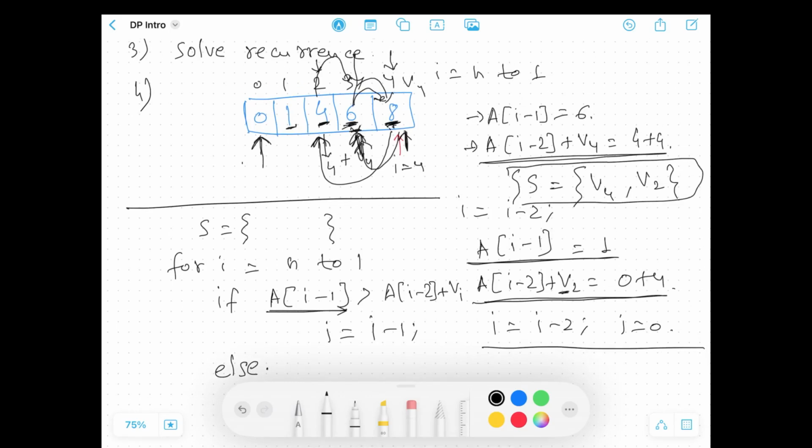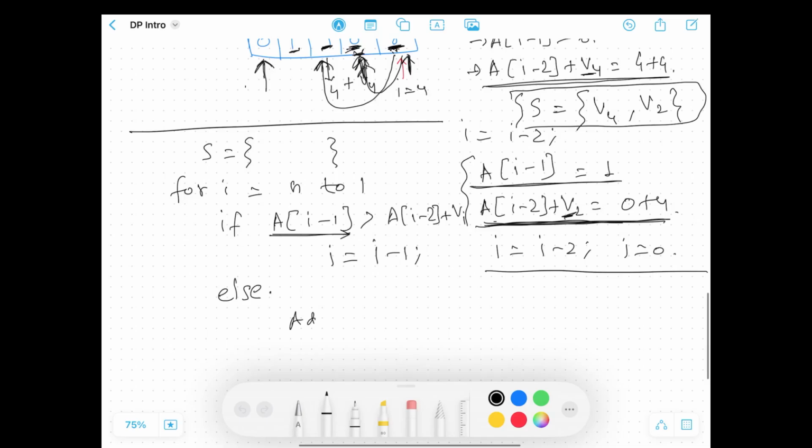Else, if the previous index is not greater, then this means this was greater, or we saw here, if this was greater, we had picked these vertices. So then this means add vertex I to S and I is equal to I minus 2, right?